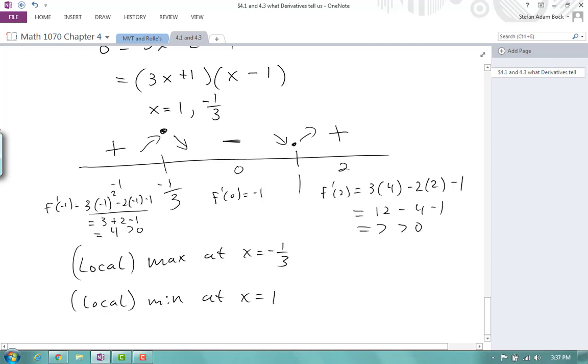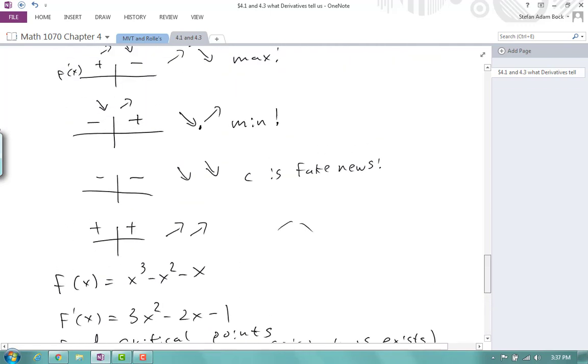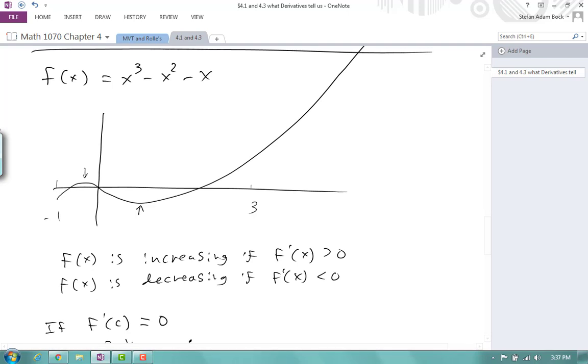I don't know whether they're absolute maximums or minimums, because I don't have a domain and I don't have a very good picture. But if I look at the picture I do have, it's believable that at -1/3 I had a maximum, and at +1 I had a minimum.